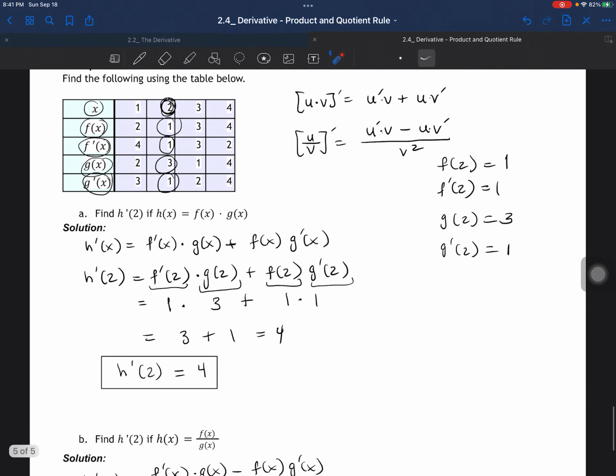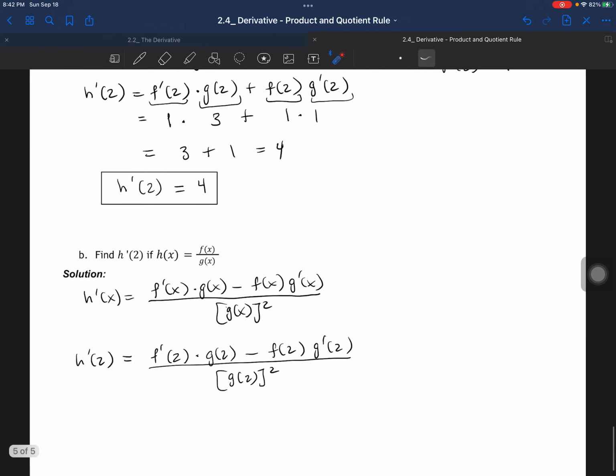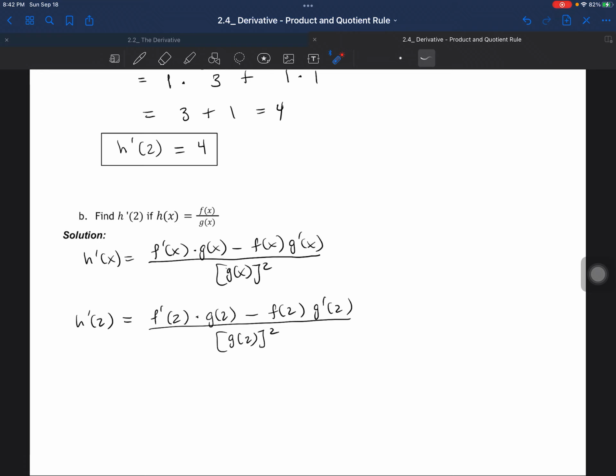So we're going to go back up here, and we're going to follow the quotient rule, which is the derivative of the top function times the bottom one left alone, minus the top one left alone times the derivative of the bottom one, all over the whole thing divided by the bottom one squared. So that's what we have here.